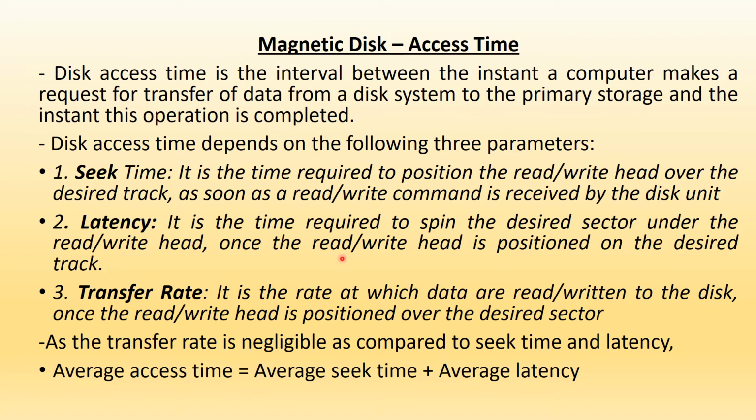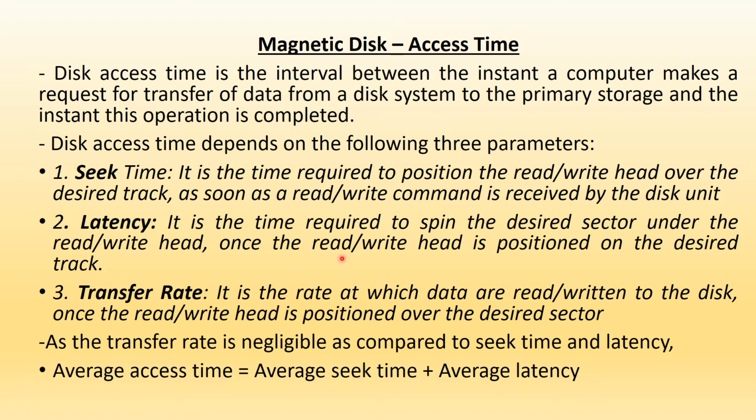All right, so magnetic disk access time. What is the access time, or what does that mean? The disk access time is the interval between the instant a computer makes a request for transfer of data from the disk system to the primary storage and the instant this operation is completed.